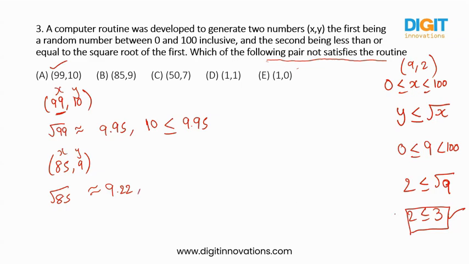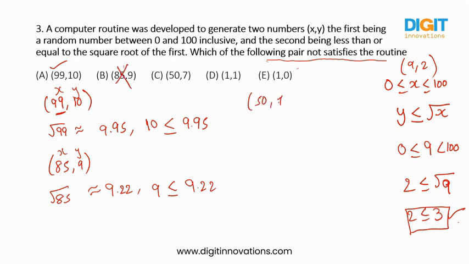And what is the condition next? y less than root of x. So y value is 9. It is less than 9.22. 9 is less than 9.22. It is satisfied, but it is not the option we require. Option B is not correct.